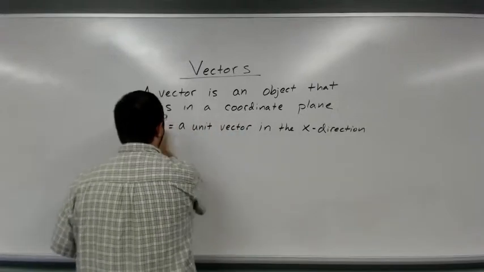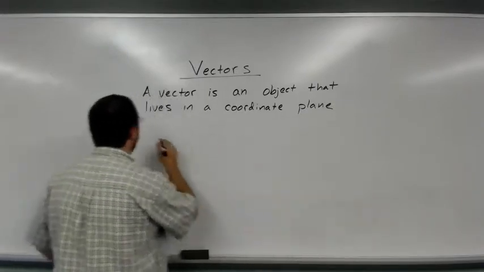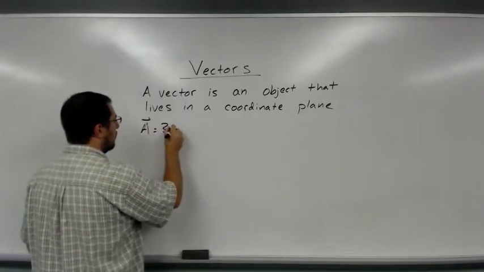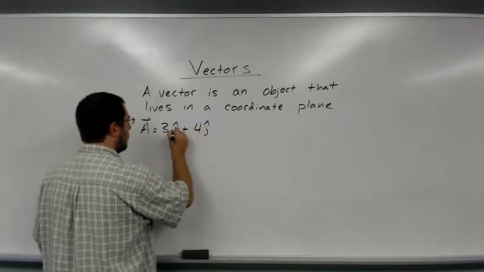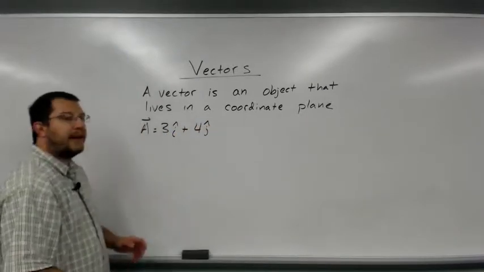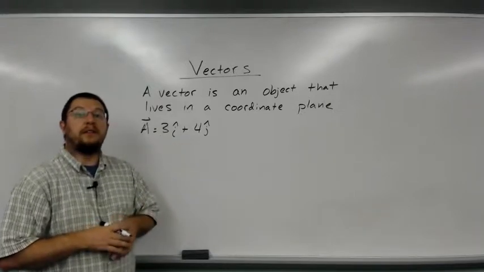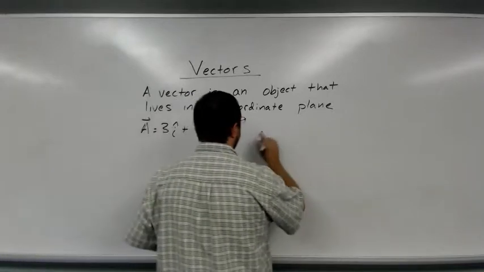Okay? And what does a vector actually look like? Well, a vector lives in a coordinate plane. So coming back to this vector, if I wanted to draw this vector, the first thing I have to do is define a coordinate system.